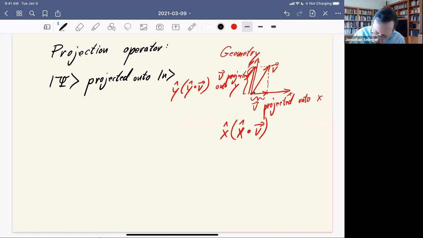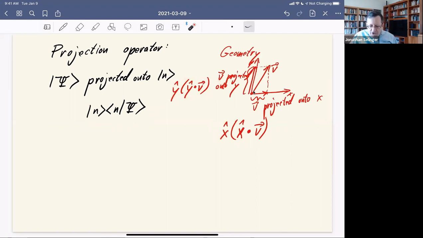So that would be, we take the inner product of n with psi, and we have that amount in the n direction. So this is an object analogous to this or this, in the infinite dimensional Hilbert space.